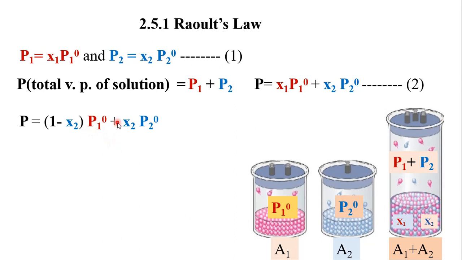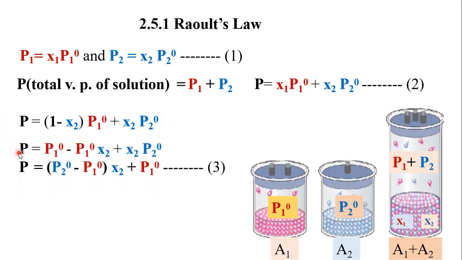That gives P equal to P10 minus P10 into x2 plus x2 into P20. Rearranging, we take x2 common: P equals (P20 minus P10) into x2 plus P10. So that is the vapor pressure of the solution at constant temperature.